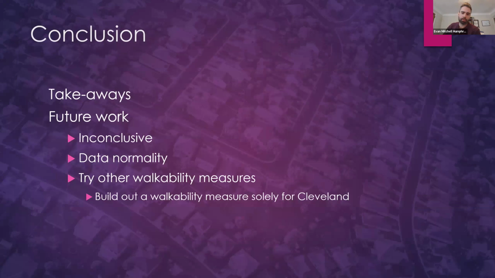So, conclusion: the results showed statistical significance, but they did not show to be reliable. I haven't included the QQ plots in this presentation, but there is room for improvement to achieve further data normality and handle further outliers.